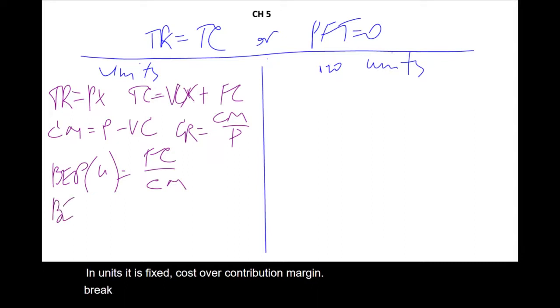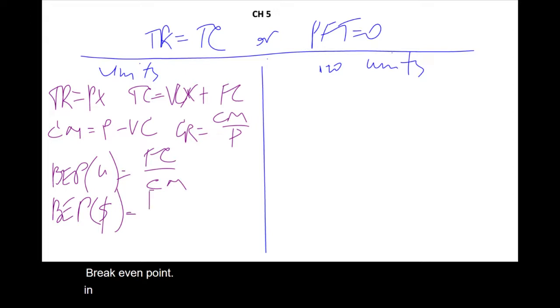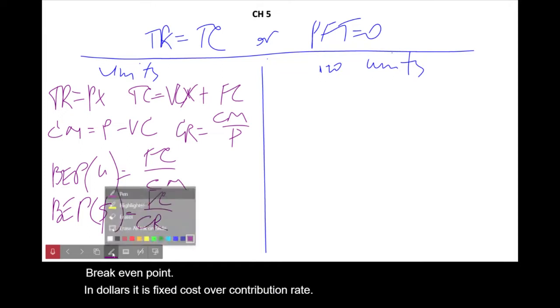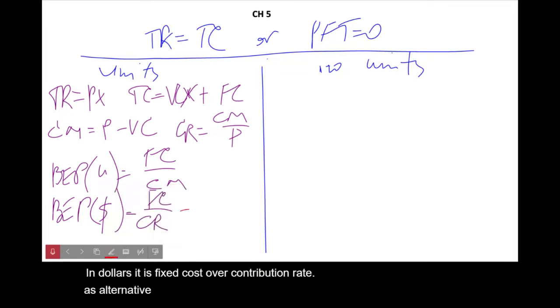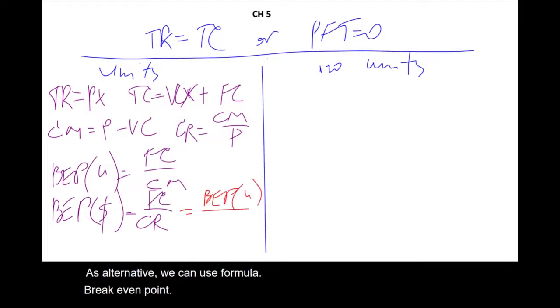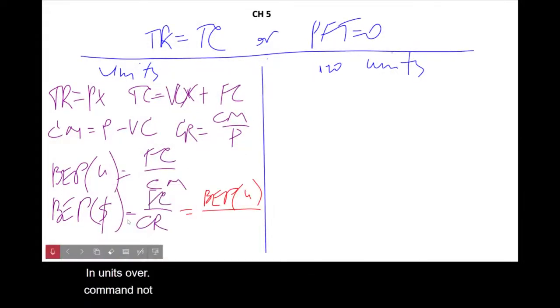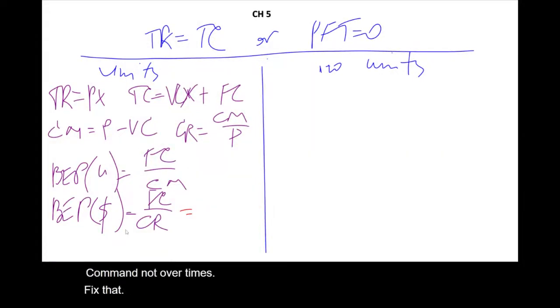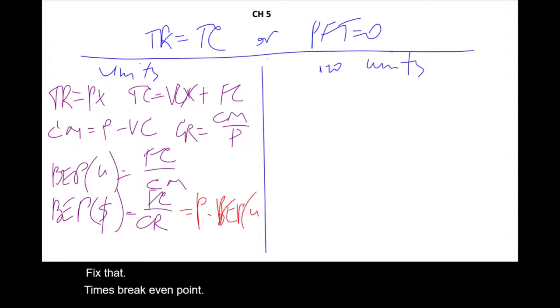Break-even point in dollars is fixed cost over contribution rate. As an alternative, we can use the formula break-even point in units times P, which gives break-even point in dollars. That's the alternative formula, right?